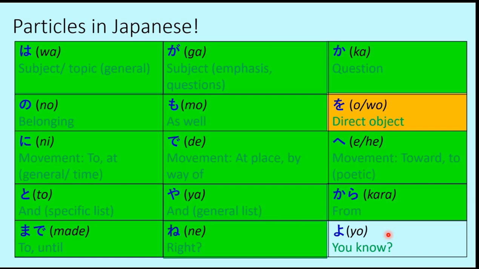So we will deal with all those again and again as we move ahead in this course. For example, the ni particle, de, and a few others will reappear again and again in due course. So today's particle is the O particle, which is used as an object marker.